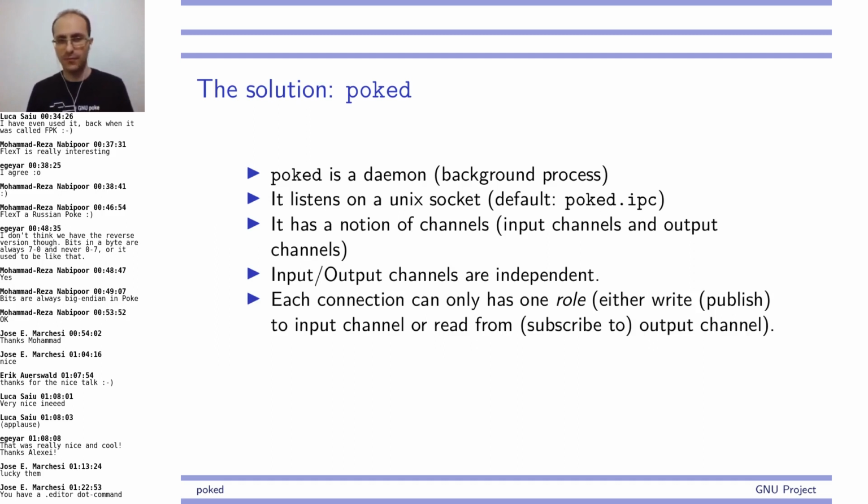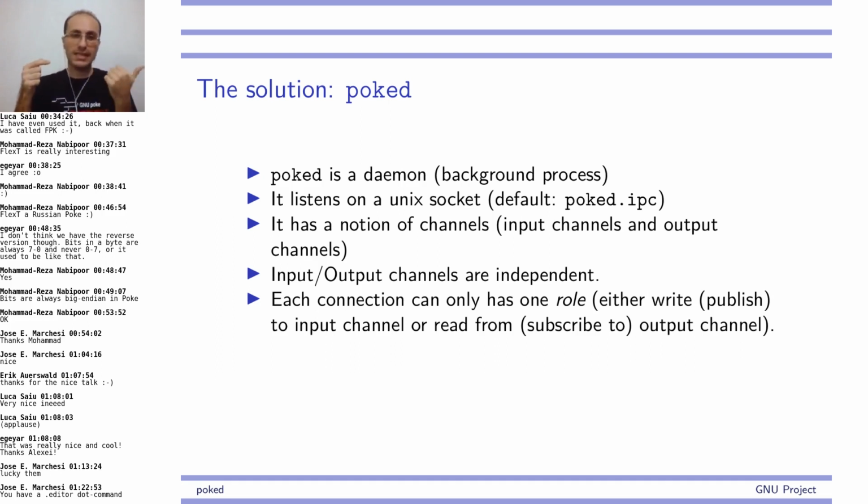and we have a daemon which listens on a socket, so clients can connect to it, and they should express a role, what they want to do, what they're expecting from the pokd. They have to tell the pokd which channel they're interested in.